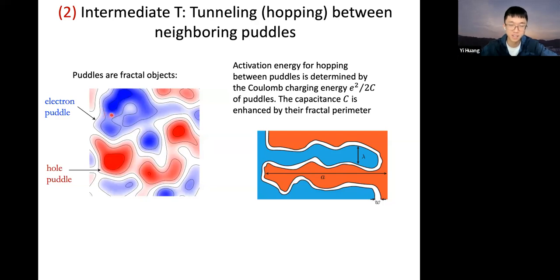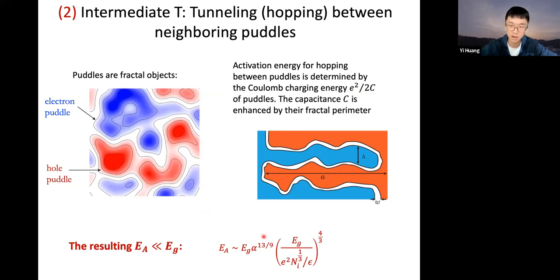If you naively think of a puddle of size L, you would probably think that the perimeter is just proportional to L, and the capacitance is also linear in L. However, because this object is fractal, the perimeter is instead proportional to L to some power larger than 1. This enhancement of capacitance will reduce the charging energy, which is e squared divided by 2 times the capacitance. And such charging energy is related to the activation energy.